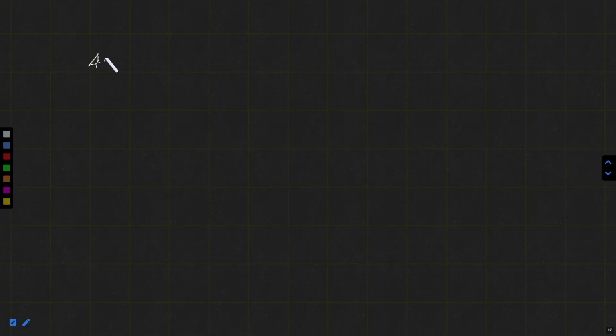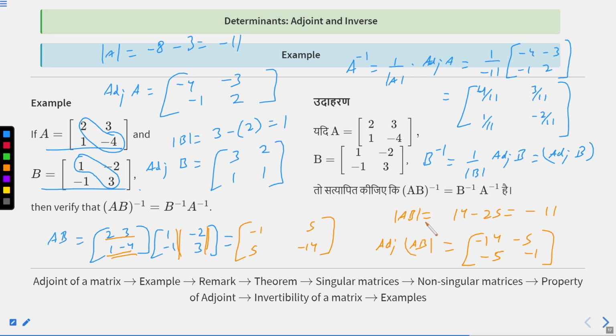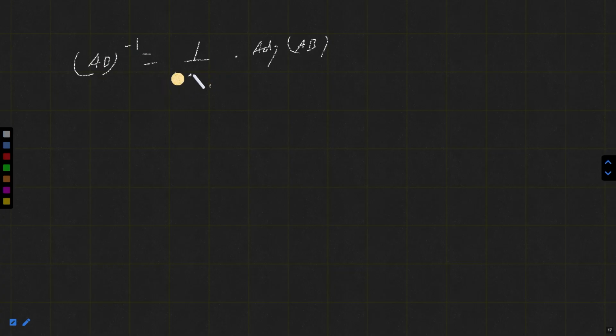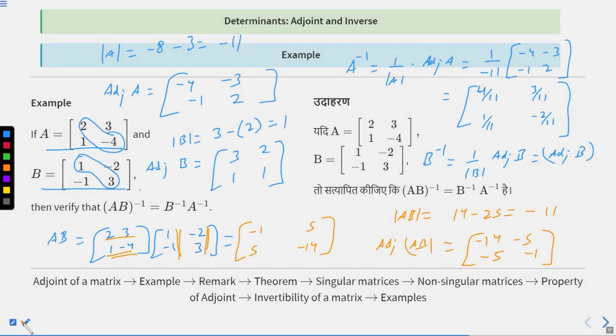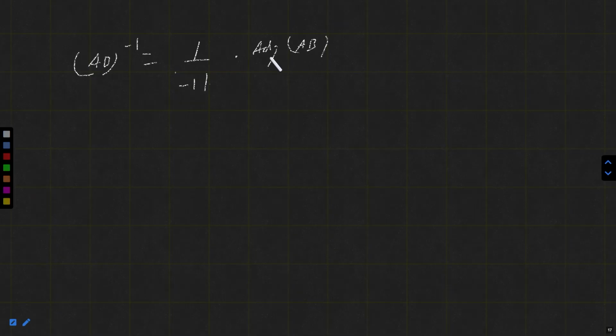So AB whole inverse will be the same as 1 by determinant of AB, the product with the adjoint of AB. As you know, the determinant of AB is -11, and the adjoint of AB is -14 -5, so this will be -14 -5 -5 -1.